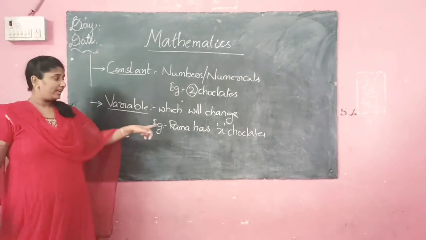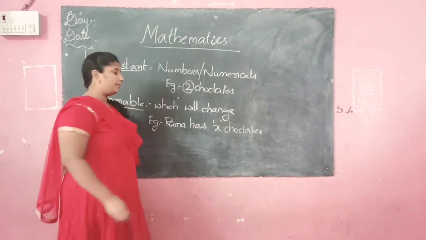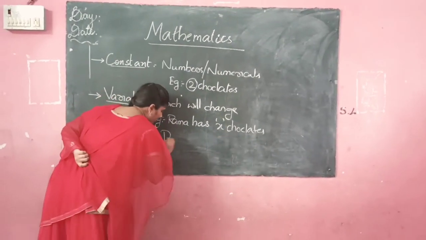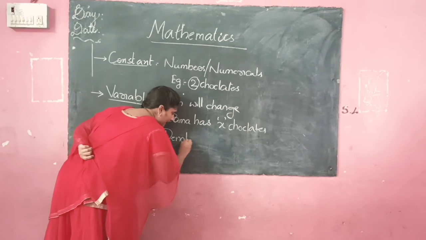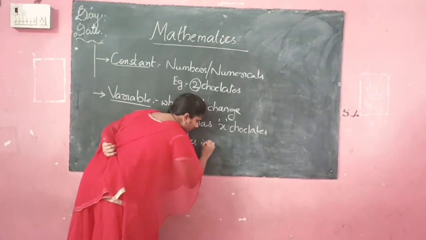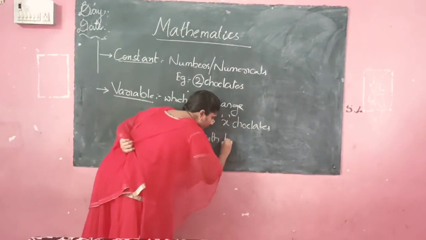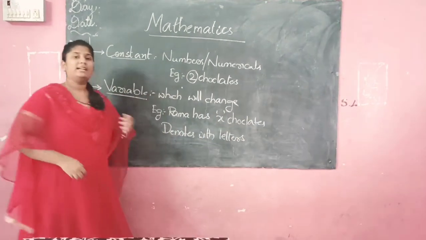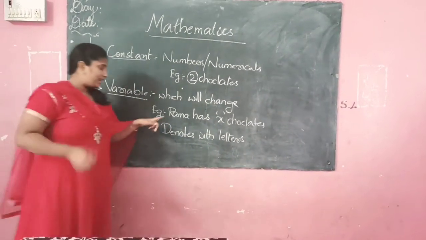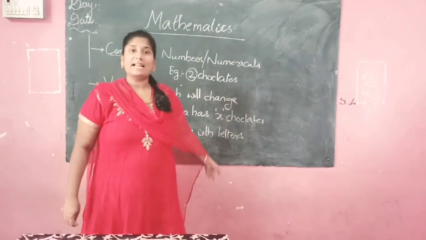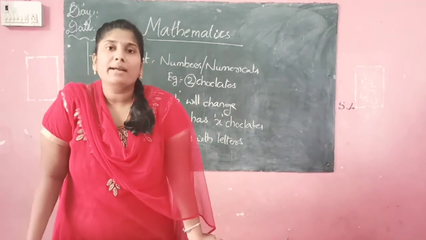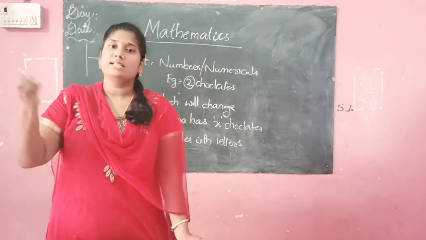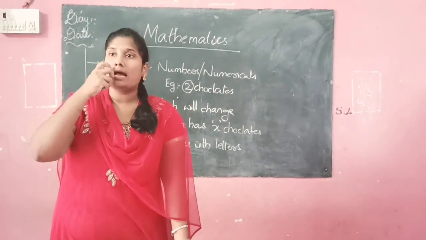And variables ని మనం ఎలా డినోట్ చేస్తాం? Variables are denoted with letters. How can we denote variables? We can denote variables with letters. లెటర్స్ ద్వారా మనం డినోట్ చేస్తాం లైక్ ABC XYZ అలా.